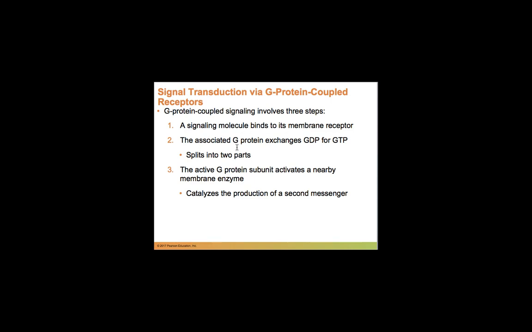Our associated G protein is going to exchange a GDP for GTP. GTP is the only active form. The G protein will only work if it has GTP bound. The active G protein subunit will then go on to activate a nearby membrane enzyme that is going to catalyze the production of a second messenger.